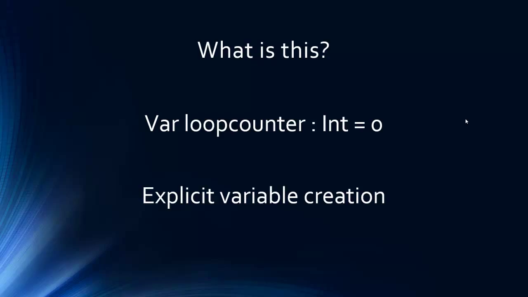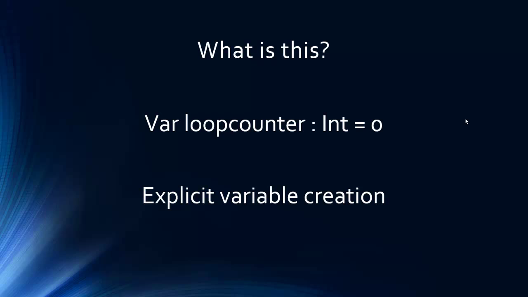So I could do var loop counter equals 0, and it would still make loop counter an integer because 0 is an integer. So either way is fine. For any project in this class, you can do it either way. If you want to do explicit variable creation or you just want to do var loop counter equals 0, either way is fine. Just be aware of it in case you see the colon integer or colon double or something like that. That's somebody being explicit to make sure that the code reads the variable as the type that they specifically want.